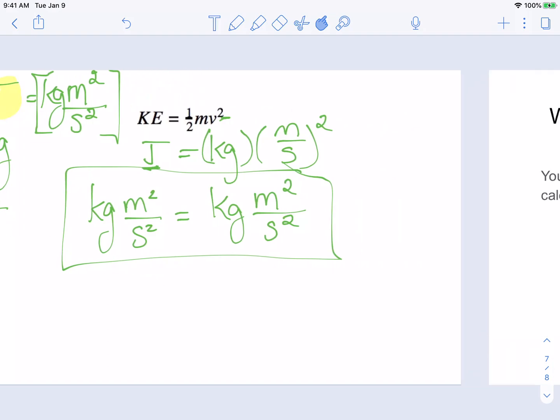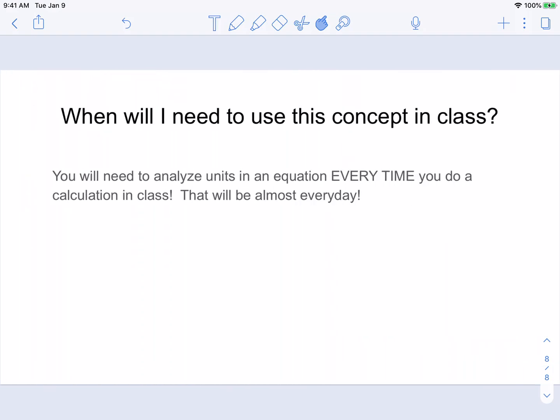Okay? So the process that we just went through is something that you may realize you're doing in every equation, or maybe you don't. But it's important to realize that all of those variables have different units associated with them. And whenever we're doing mathematical operations with the number, we are also doing those same mathematical operations with the units.